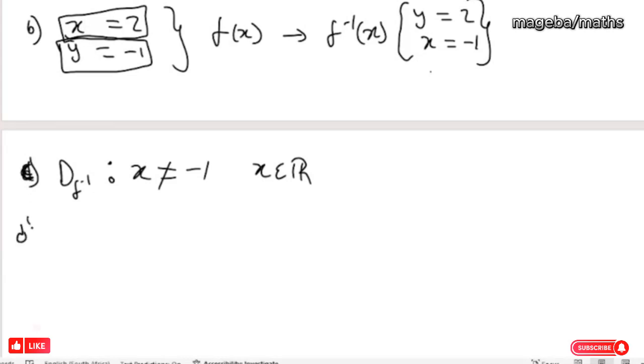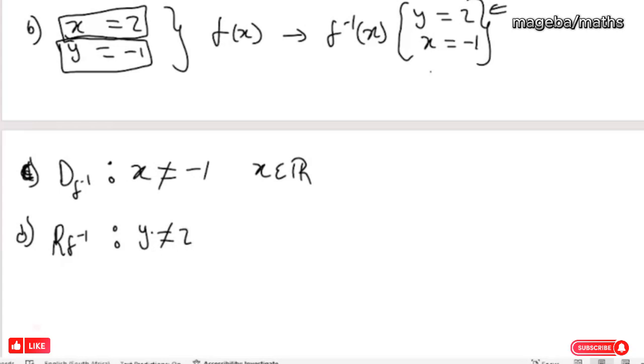And then my D is going to be the range. They were finding the range of the inverse. Remember, we've already found this is going to be my y asymptote. The range talks about the y values of a function. Remember, an asymptote is where the graph doesn't touch.